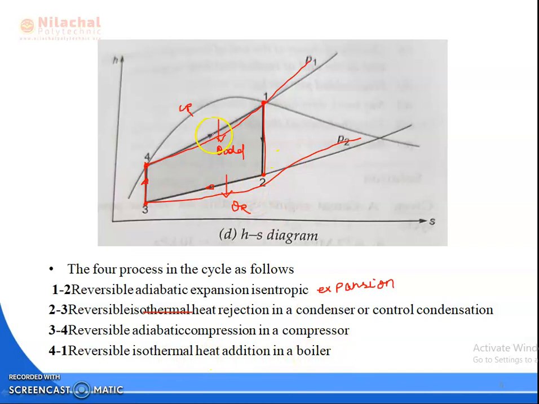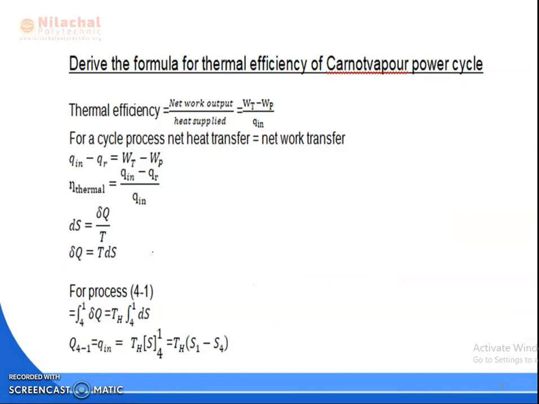So heat rejection, heat addition, isentropic compression and expansion. These are the PV, TS and HS diagrams of the Carnot cycle. Next we will discuss how we can derive the formula for the thermal efficiency of the Carnot cycle.